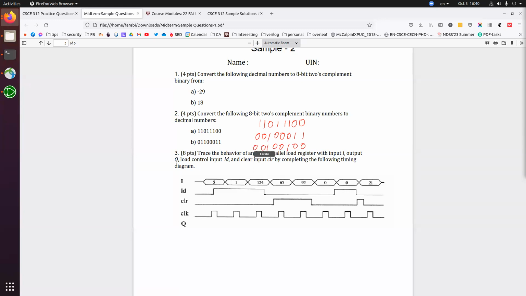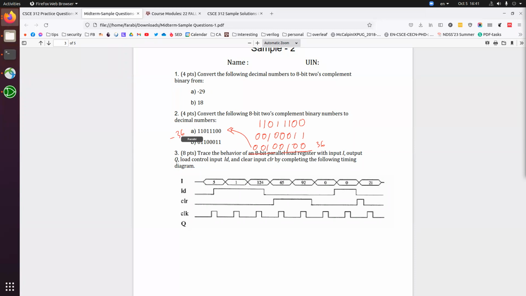So we have 1 0 0 1 0 0. That number is 36. So this is the representation of minus 36. So for this binary representation, the answer is minus 36.